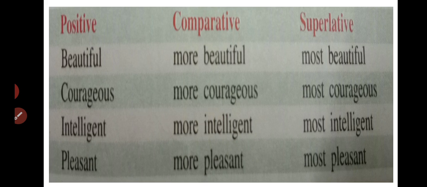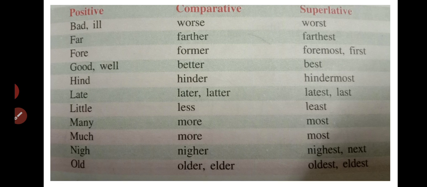Okay, and then we also have irregular forms. Here in the positive form, if we have the word bad, the word bad becomes worse in the comparative and worst in the superlative. We need to memorize this column, then only we can do it in the correct way. Bad becomes worse in the comparative, worst in the superlative.